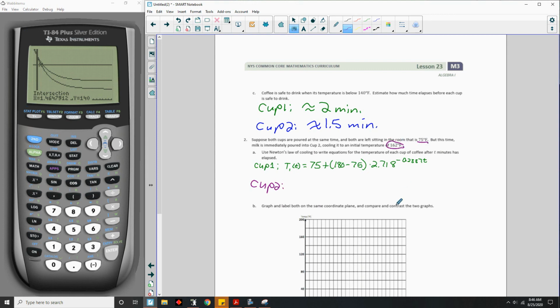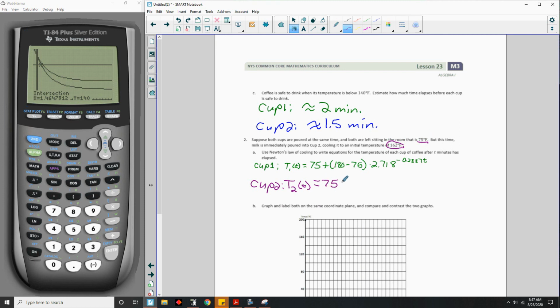They're both going to be in the same room, so the only thing that's going to change is the initial temperature of the coffee was dropped from 180 to 162 when they poured milk in. So T sub 2 of t would equal 75. What's the 75?